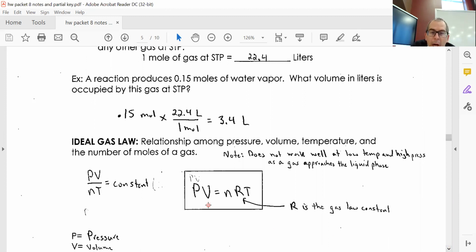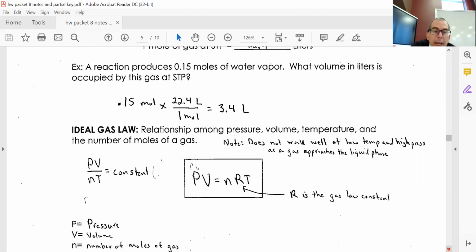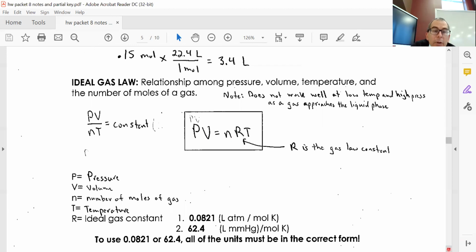So here we go. This is the ideal gas law, PV equals nRT. And let's look at the different terms that we have. We have P for pressure, V for volume, n for the number of moles of gas, T for temperature, and then R is the ideal gas constant that links things together.